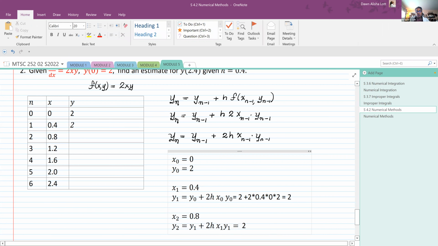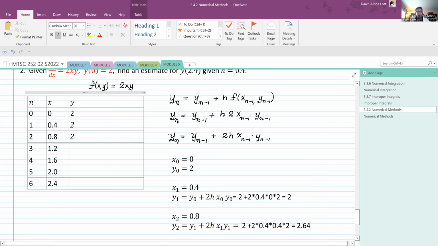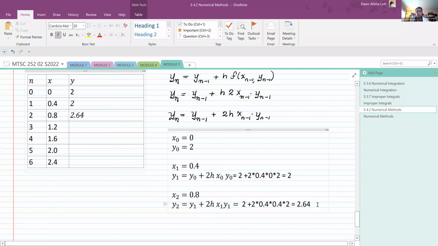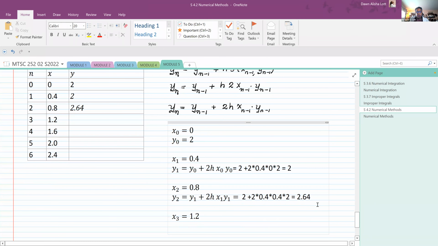So that's 2 plus 2 times h, which is 0.4, times x1, which is 0.4, times y1, which is 2. So that's 2.64. Okay. x3 equals 1.2.